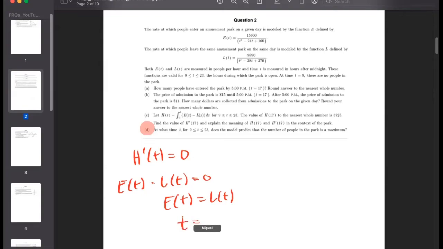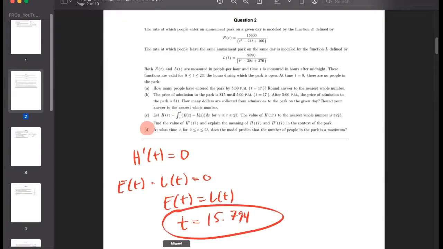And if we plug that into our calculator by graphing it or using the solve function, we're going to get 15.794. And that's going to be the time at which the amount of people at the park is going to be a maximum.